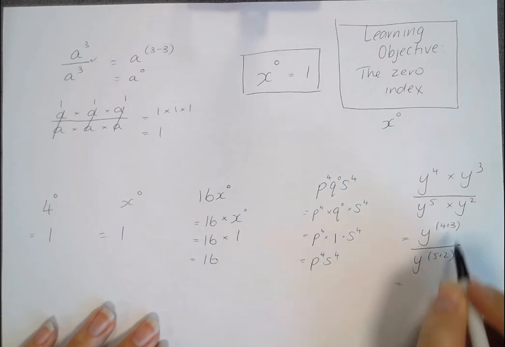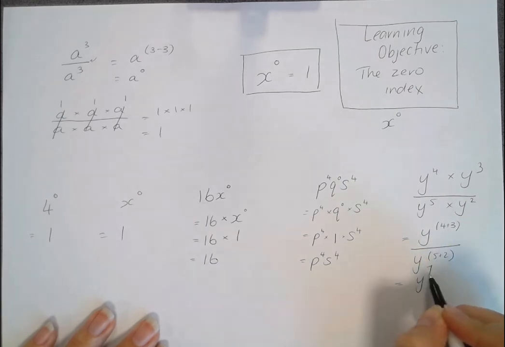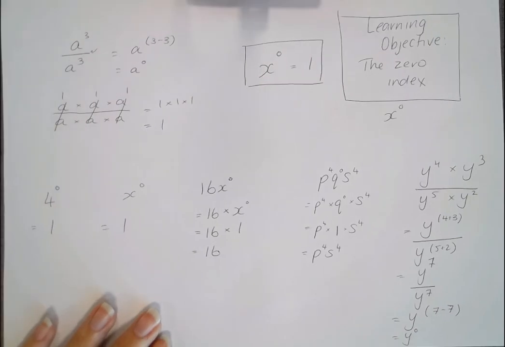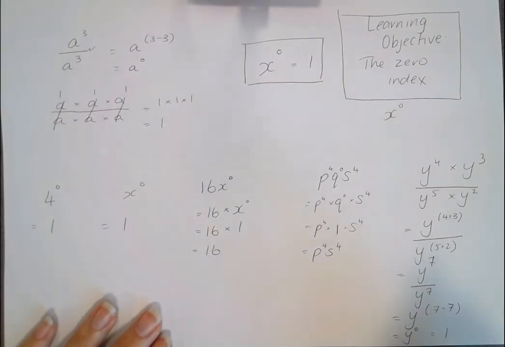We know we get y to the power of 7 divided by y to the power of 7, which will give us y to the power of 7 minus 7, or y to the power of 0. So our final answer there equals 1.